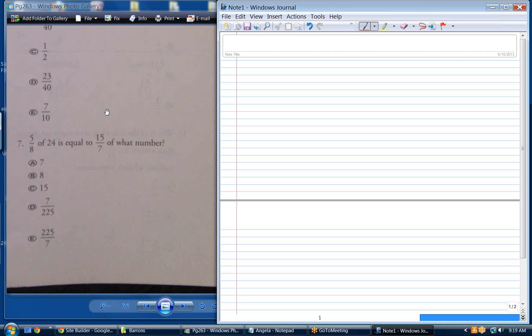Okay, so 5/8 of 24 would be 15. And it's equal to 15/7 of what number? So multiply both sides by 7.